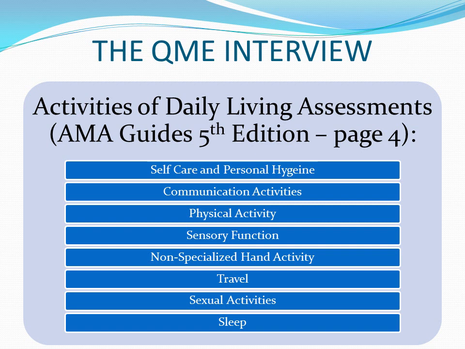And I want to go into now an example of how you would do an activities of daily living assessment, considering first of all these self-care and personal hygiene activities. And then we will extrapolate that procedure to the other categories of activities of daily living that are described on page 4 of the AMA Guides.